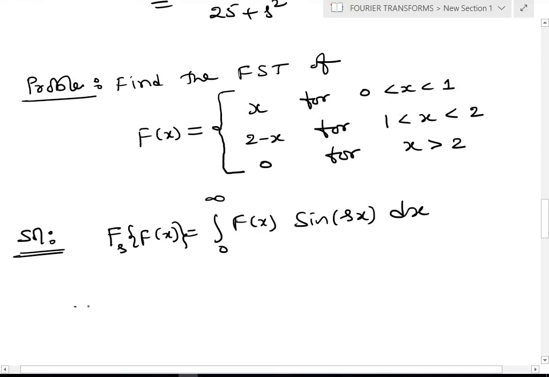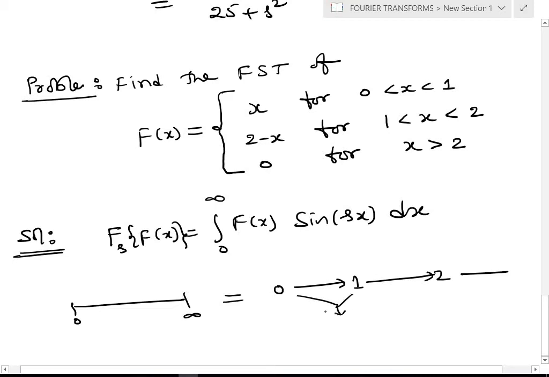But the limits from 0 to infinity you have to break up into parts. From 0 to 1 the function is x, from 1 to 2 it is 2 minus x, and beyond 2 it is 0. So you don't need to worry about the integration from 2 to infinity; it automatically becomes 0, since the function value is 0 there.